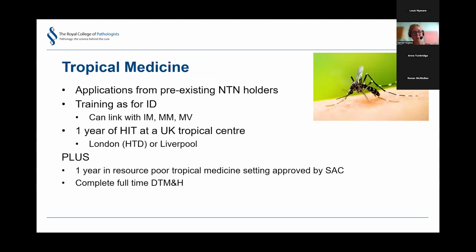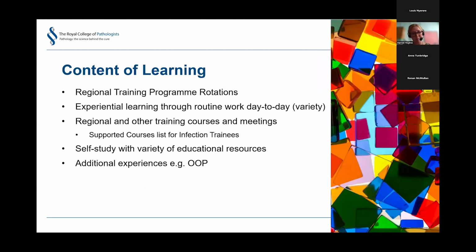But as part of that tropical medicine training, you do 1 year of your HIT at a UK Tropical Centre, which is London, HTD or Liverpool, as well as 1 extra year in a resource poor tropical medicine setting approved by the SAC, and you also complete your full-time DTM&H. Those posts are advertised when they're available, but we can answer further questions if required, as the application process has changed recently.